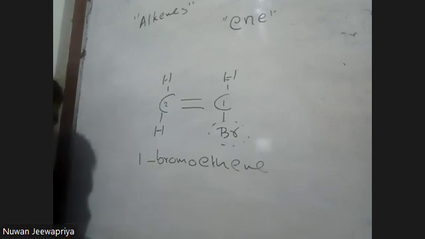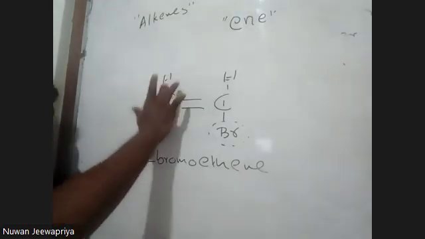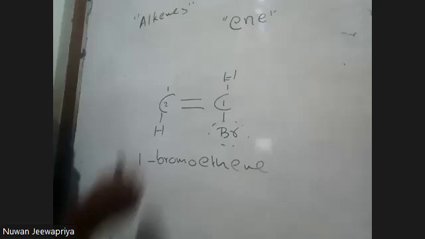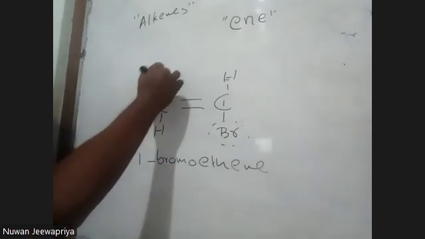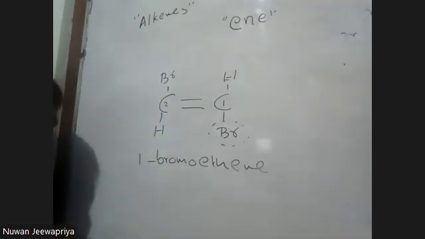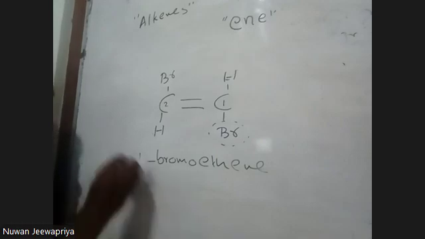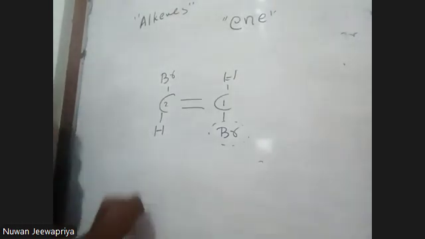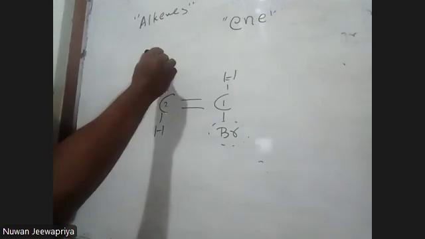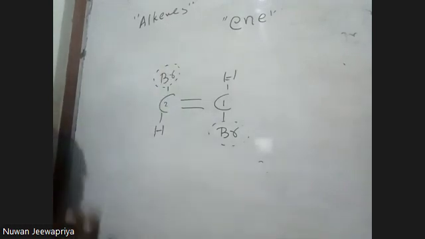I will make another change. I will add bromine to this place also. So the name will be changed, so bromine 2 times. How can I name this?